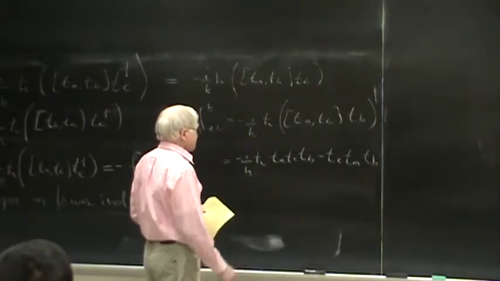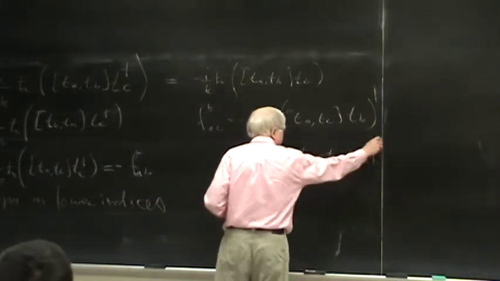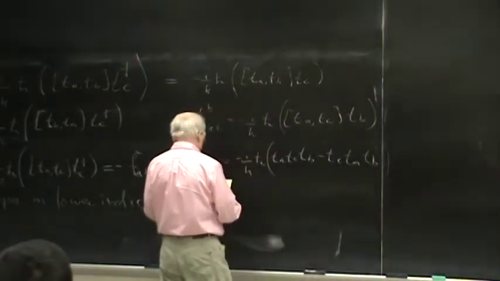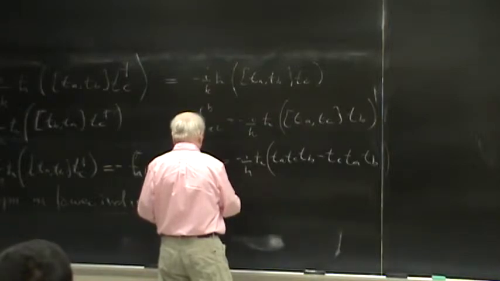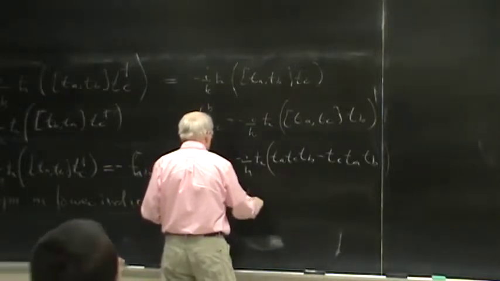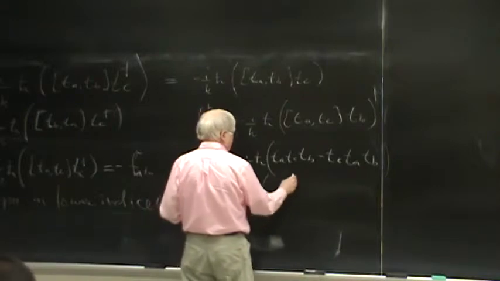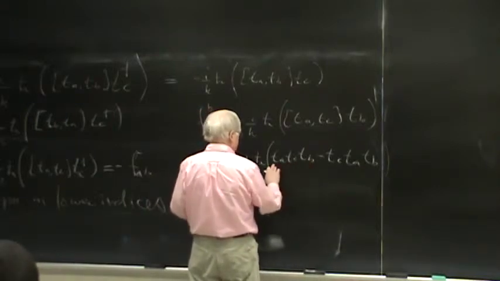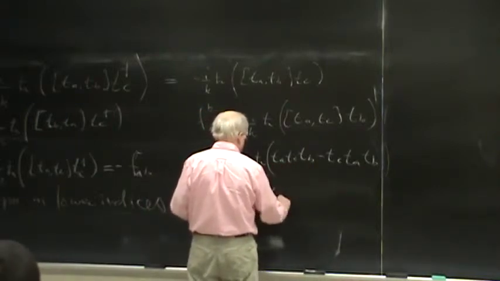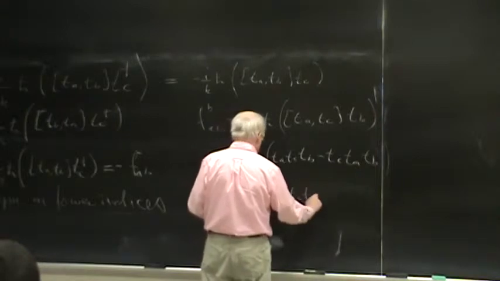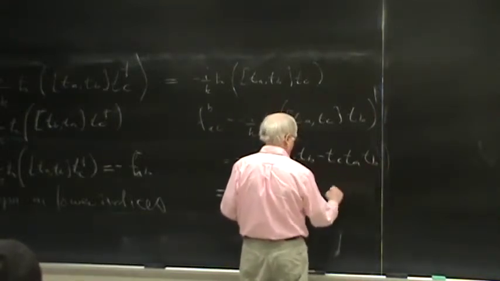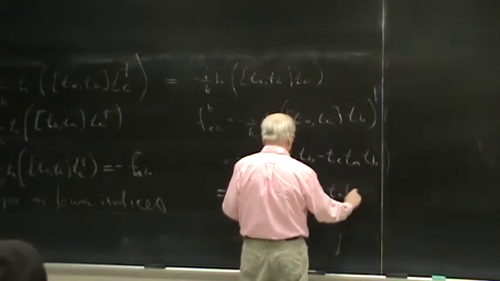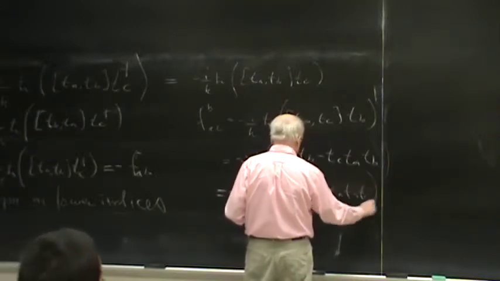Yeah, right. So this is not doing anything. This is just expanding that. And then we can move the B forward, trace TB TA TC, minus, and now we move the C backward, we get TA TB TC.